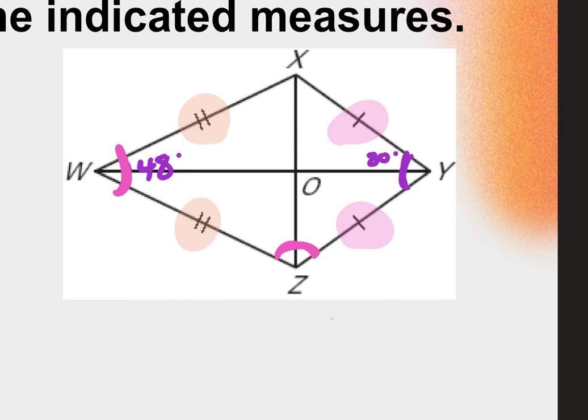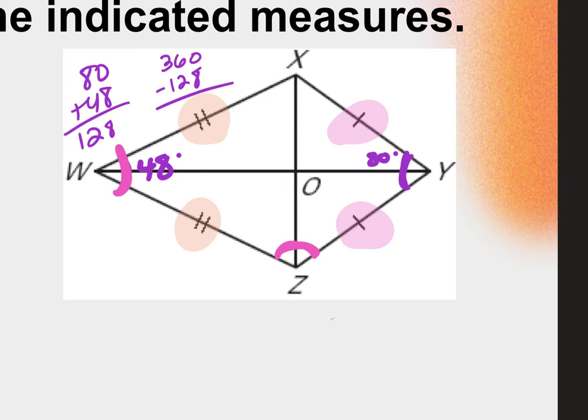Hang on, let him talk. I got 128 by adding 80 and 48. I subtracted that from 180, and then I divided the difference. Why are you subtracting from 180? I actually know an easier way. You'd have to subtract from 360, because it's still a quadrilateral.